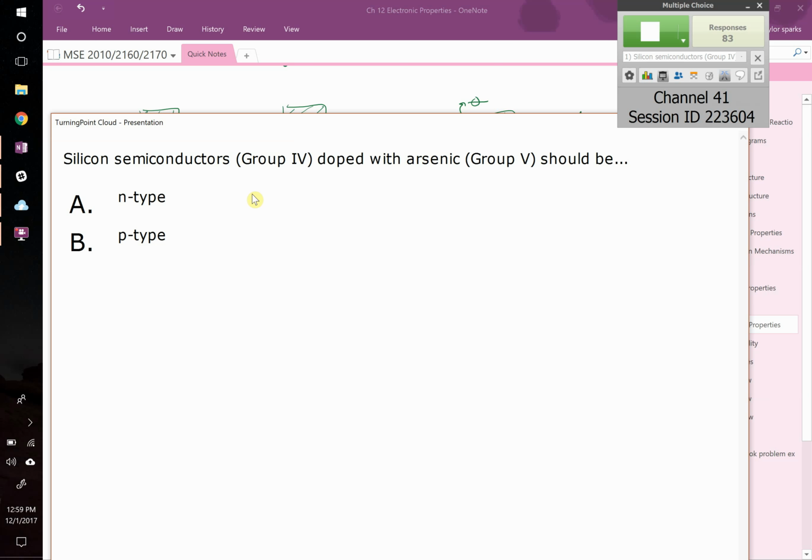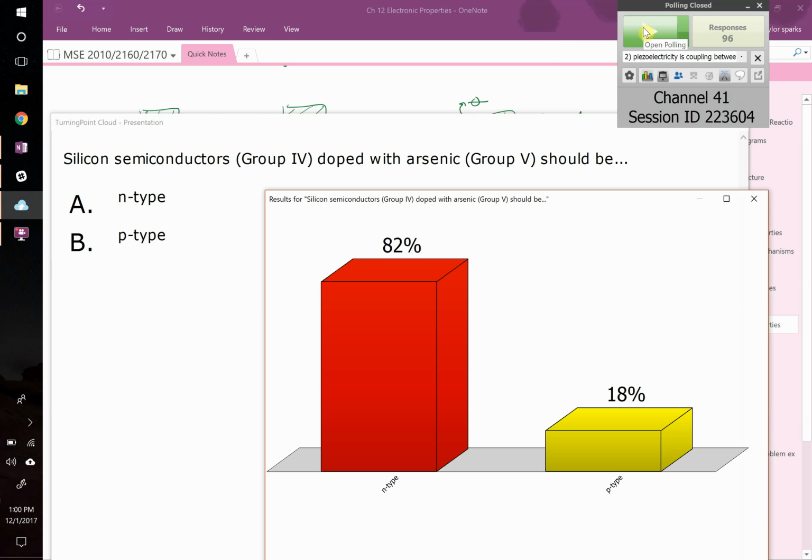Okay, answers in. Let's move on. Because it's group 5, it's got that 1 extra electron, it's going to be N-type.